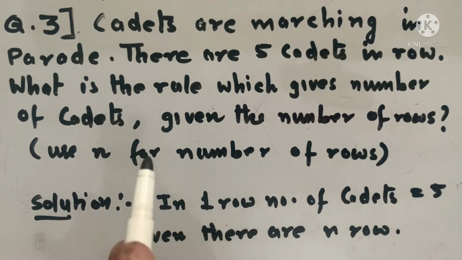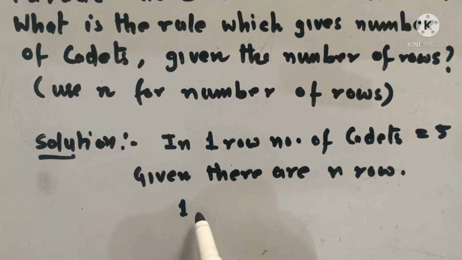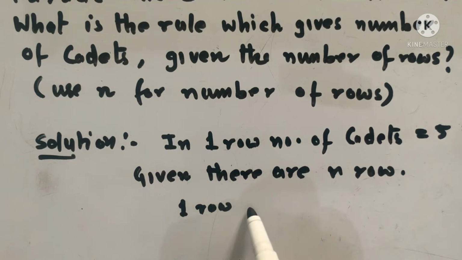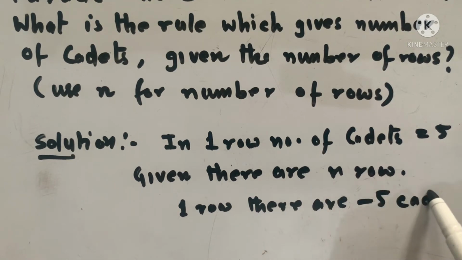We will write the rule. Now in one row, there are 5 cadets.